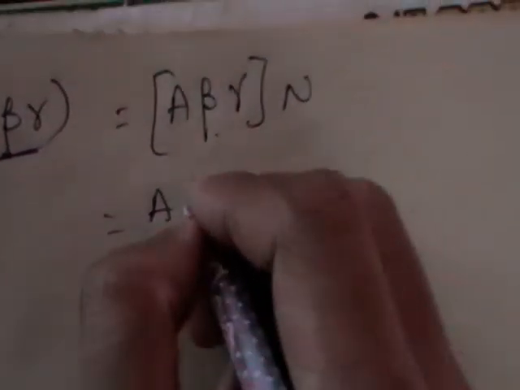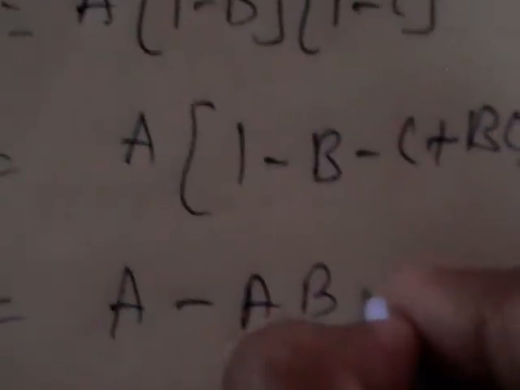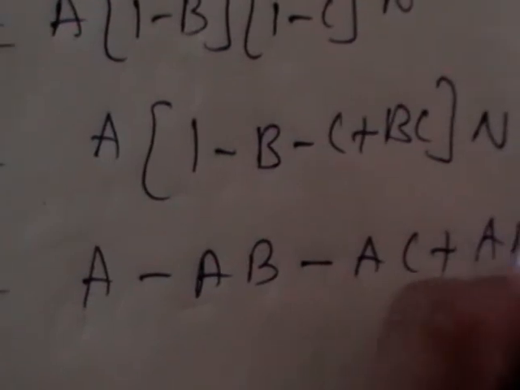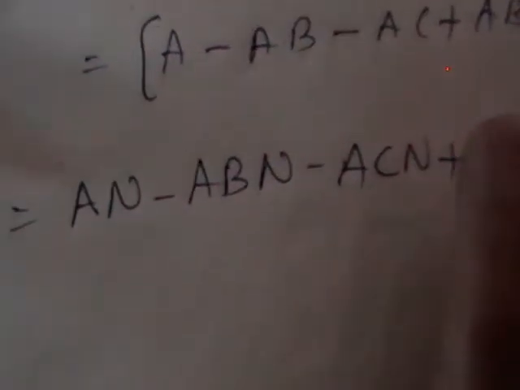A, beta, gamma. Again these two are Greek letters, so we can write that as first A beta gamma into N. Then alpha can be written as (1 minus B) into (1 minus C) into N. Similar simplification: if you multiply these two, AN minus ABN minus ACN plus ABCN.